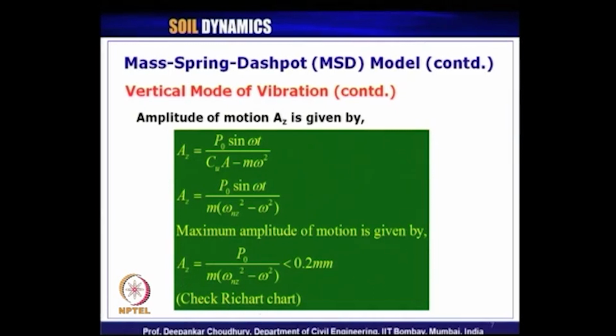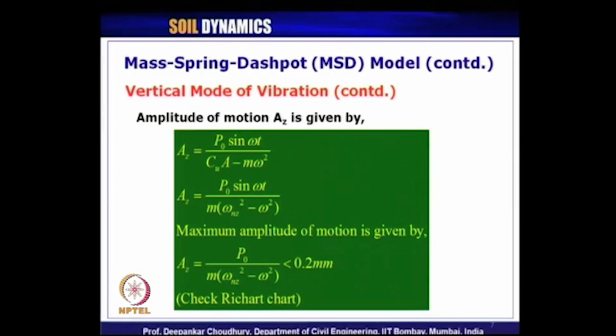so that the qualitative check about no disturbance for the people working in the surrounding vicinity, or damage to surrounding structures, is ensured. Now, this is for the case of undamped system, whereas all practical systems, as we know, will be damped systems. In that case, the expression to compute A z we already derived in our module 2.